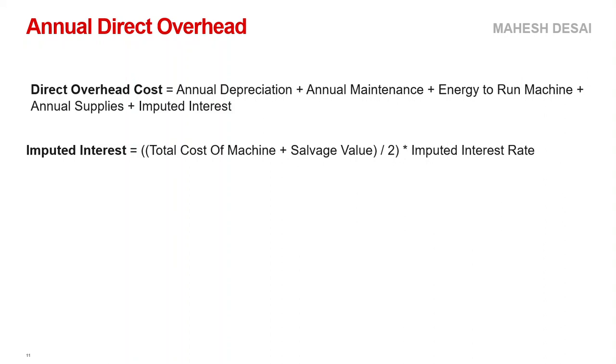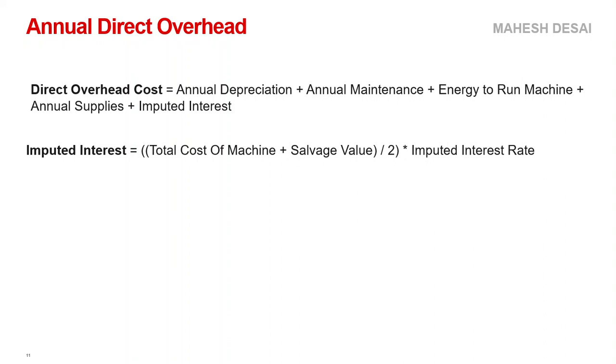That interest loss, because you are buying the machine instead of investing, is called imputed interest.